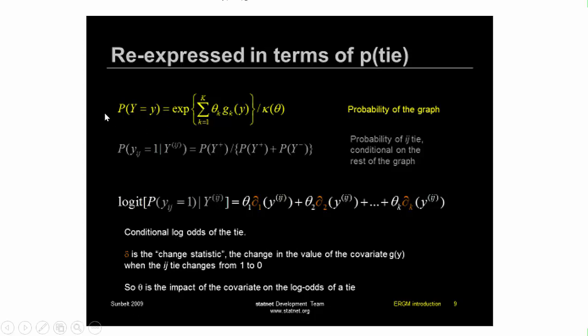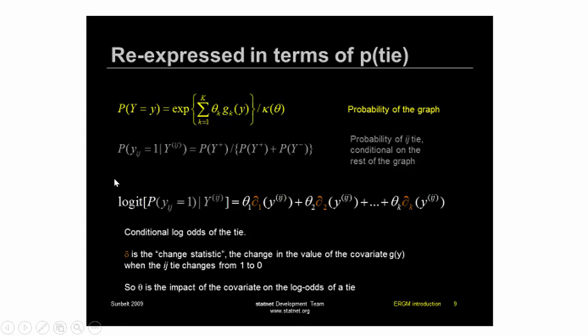Well, here's a restatement of the model that we saw a moment ago. It's stated a little bit better. The probability that the network Y is the exact network that you happen to see, the little y, is this function that's, at a log level, a linear function of these parameters times these network statistics, which are all counts of these microconfigurations.